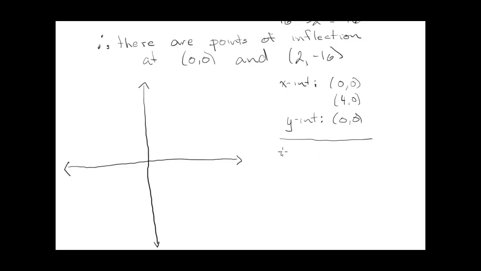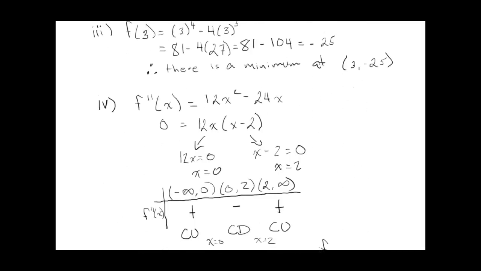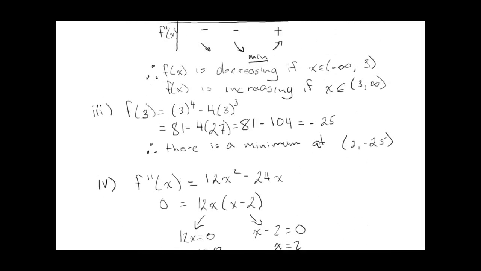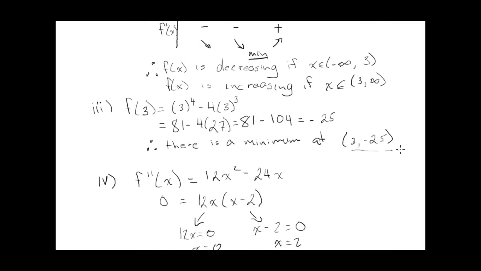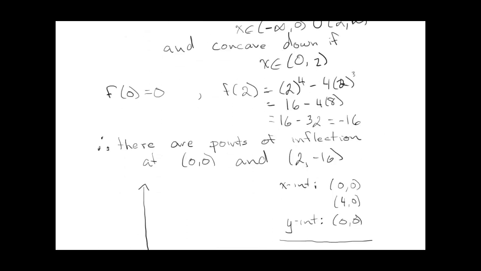You have your max, which there was none, and your min, which was right here, (3, -25).